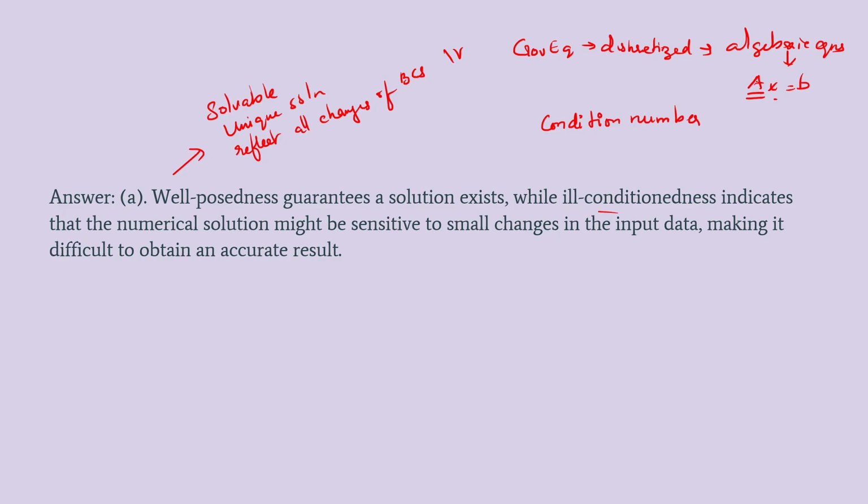For this coefficient matrix, lambda max, the maximum eigenvalue, divided by the minimum eigenvalue, is called the condition number. If the condition number becomes too large, then solvability of the system becomes difficult.